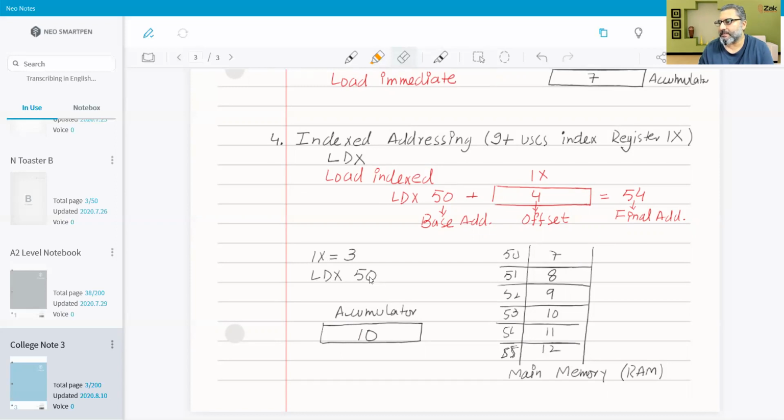So 50 plus 3 becomes 53. The system will go to 53 and bring 10 to the accumulator. So that's about it. There are one or two more addressing techniques, but you first have to understand all these basic 4 addressing techniques. The 2 more, relative and the other, we will discuss later.